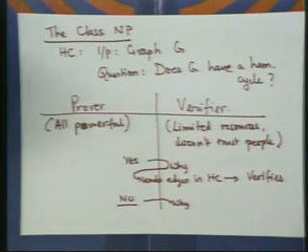The only way seems to be that you just try all possible subsets of edges to see whether they form a Hamiltonian cycle or not. If none of them form one, then it doesn't have one. But this is a brute force method, and the verifier does not have so much time to check all possible subsets of edges. So there is no easy way for the prover to convince the verifier that G does not have a Hamiltonian cycle.